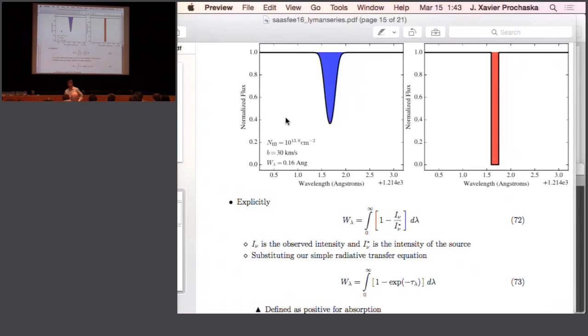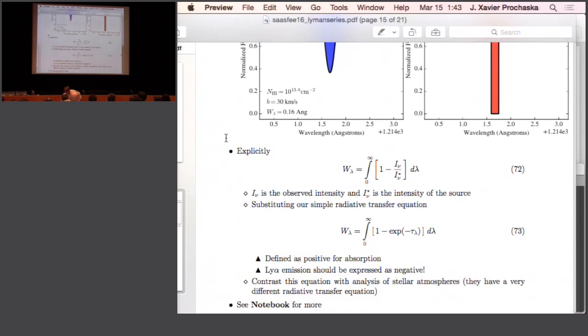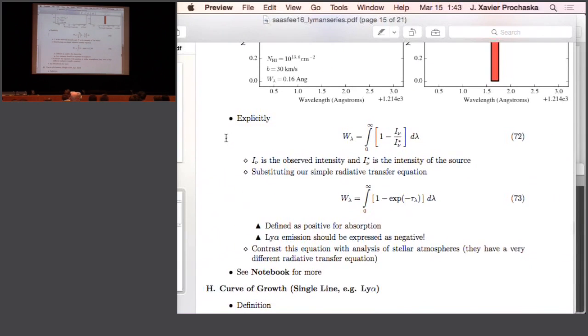It's defined as positive for absorption, so that means emission is negative, despite the fact that emission people use positive and negative for absorption. I feel like we were there first. I don't know, maybe we weren't. Anyways, if you're speaking in absorption lines, then equivalent width is positive. I suppose if you're speaking in emission lines, then equivalent width is positive.